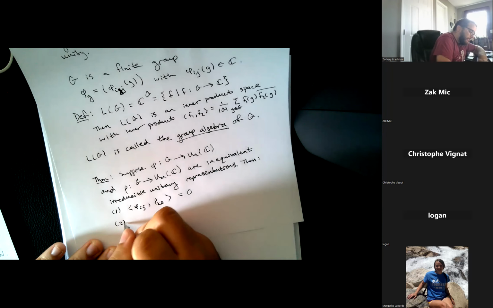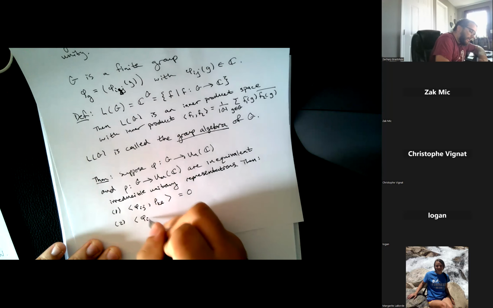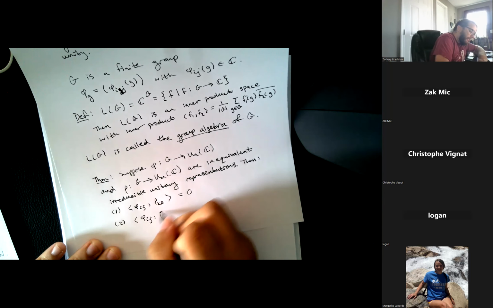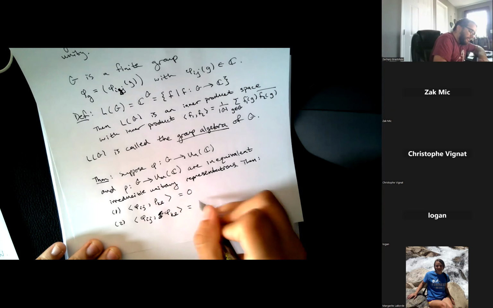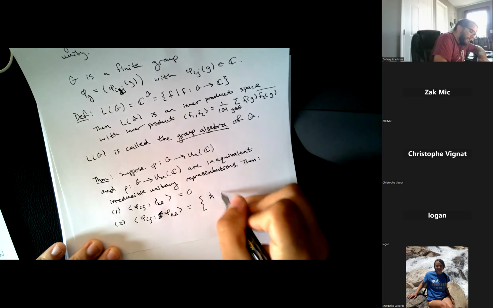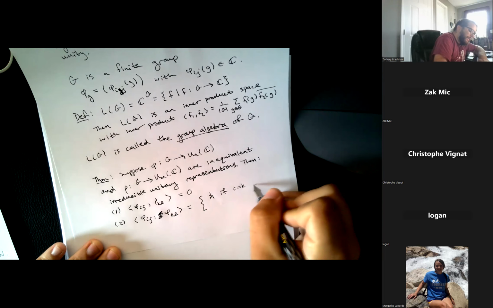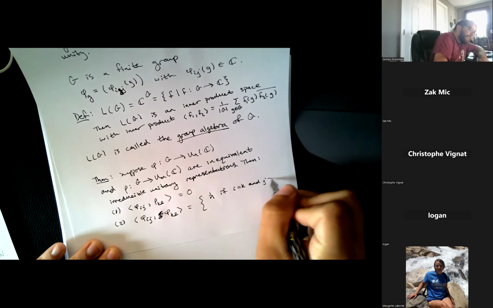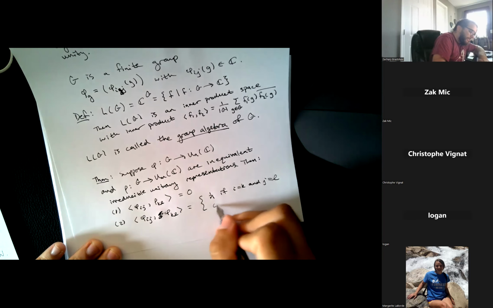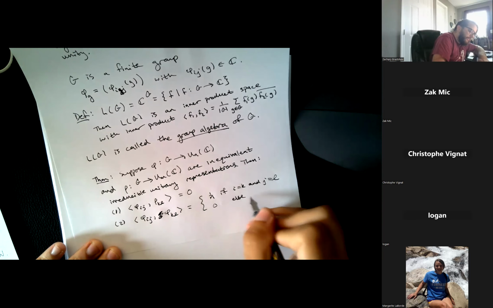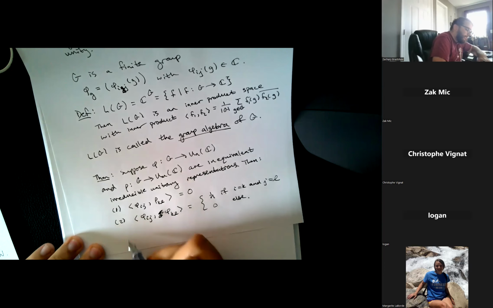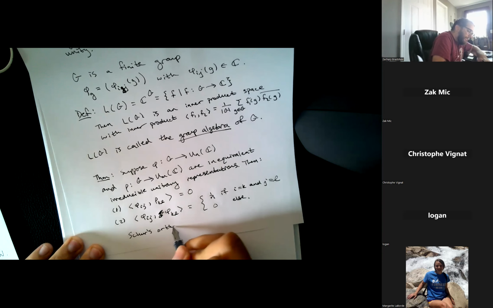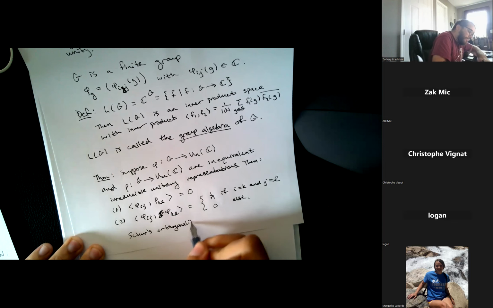And secondly, the inner product of phi ij with phi kl is equal to 1 over n if i is equal to k and j is equal to l, and it's equal to 0 otherwise. So these are called Schur's orthogonality relations.